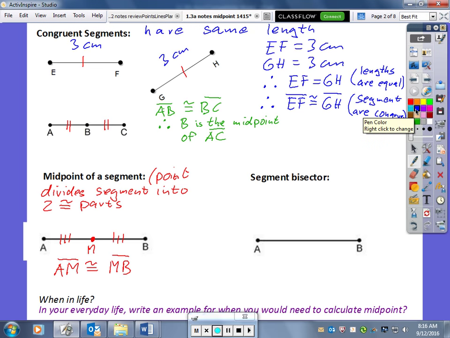A segment bisector is something a little different. A segment bisector can be a number of things. It can be a point, it can be a ray, it can be a line, a plane, or a segment. It can be a number of things, but it also intersects a segment at the midpoint.